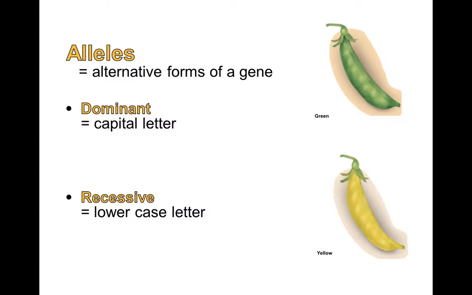But that does not mean that yellow ones would not be an option as well. The reason why we see more green garden pea pods is that it is a dominant characteristic. And we mark that with a capital letter. And since the recessive characteristic is less likely, we mark it with a lowercase letter.